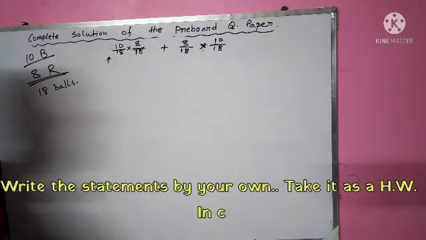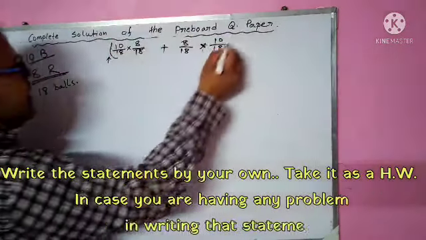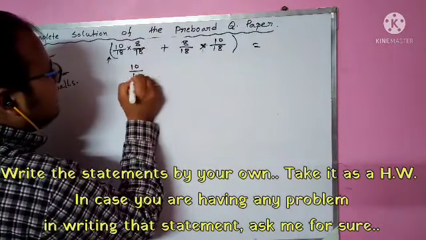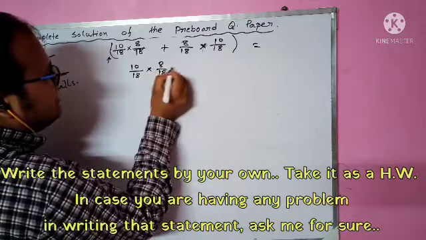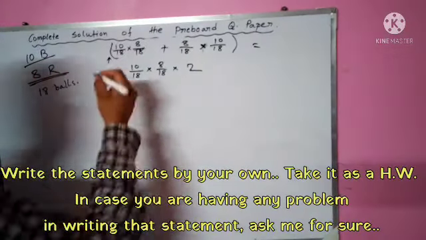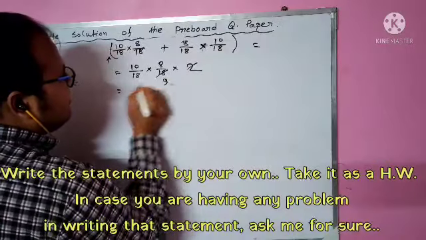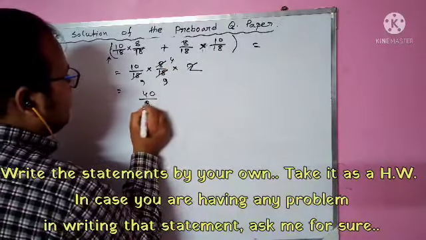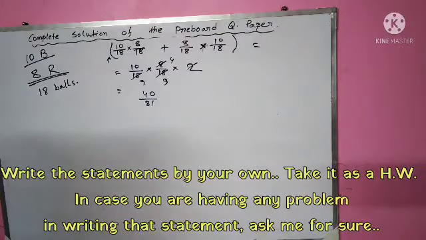So this is going to be the entire probability of the given event. Basically, 10 by 18 into 8 by 18 into 2. This is the answer. Let's simplify: 9 and 9, so 4 tens are 40, divided by 9 nines are 81. So 40 by 81 is going to be the answer.